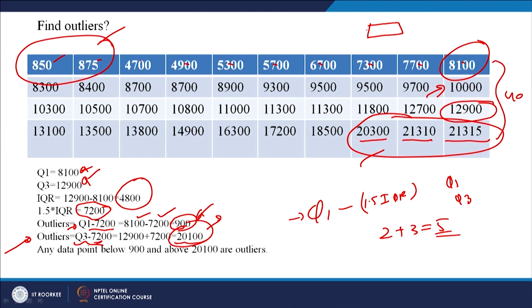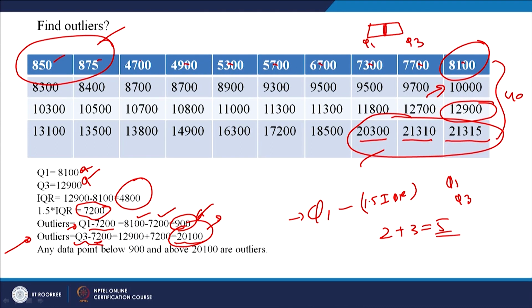And what is the use of box plot? What information does box plot give? It tells us whether data are normally distributed, positively distributed or negatively distributed, just by looking at the center value of the box plot, right. So, let us say this is Q1, this is Q3.